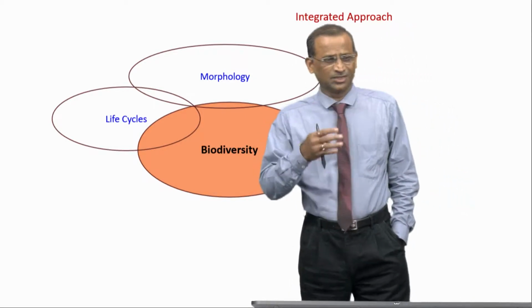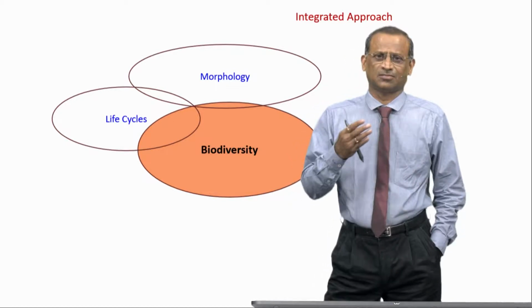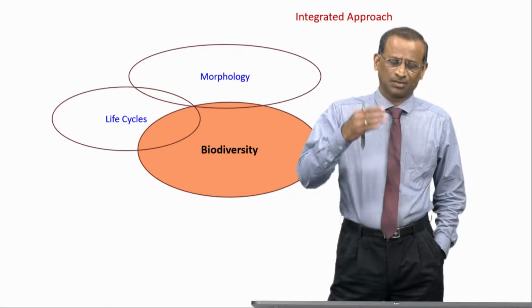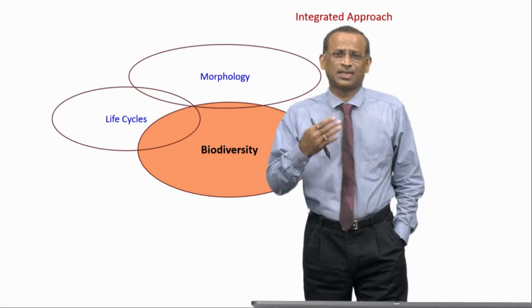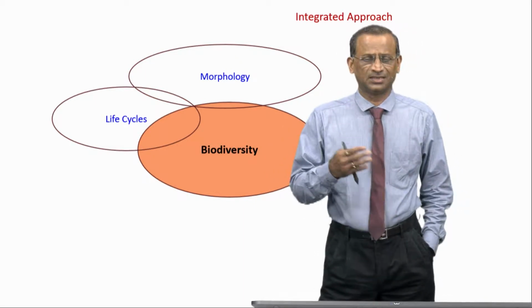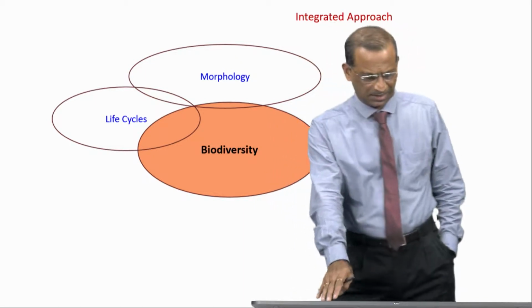So the life cycle of most of these marine invertebrates brings much more complexity to the biodiversity issues in the marine ecosystem. Another important component associated with biodiversity is the role performed by these organisms in the trophic level or in that particular habitat. That is the ecological role.